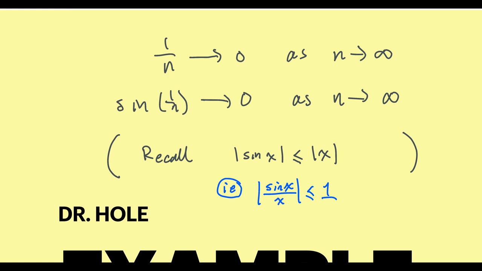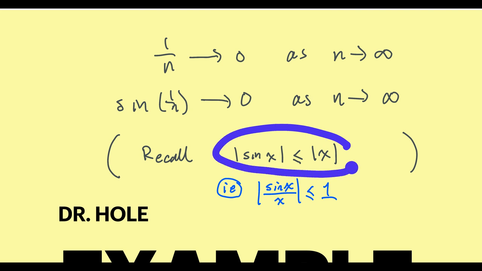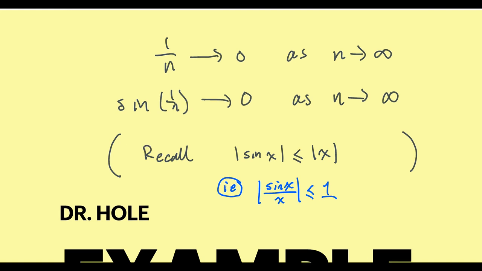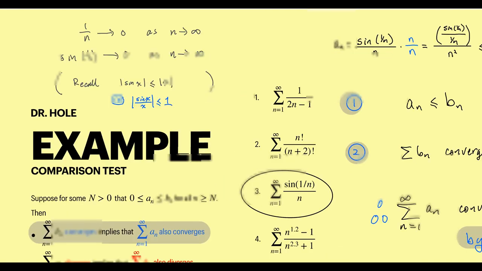Something that we'll make use of is the fact that sine in magnitude, in its size, is less than its input. And dividing both sides by the absolute value of x leaves us with the ratio of sine of x over x is less than or equal to 1. Good.